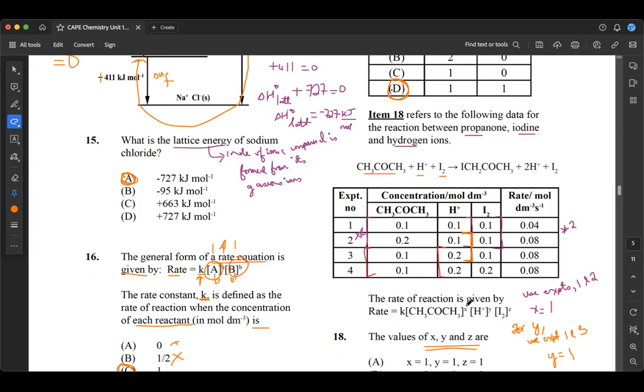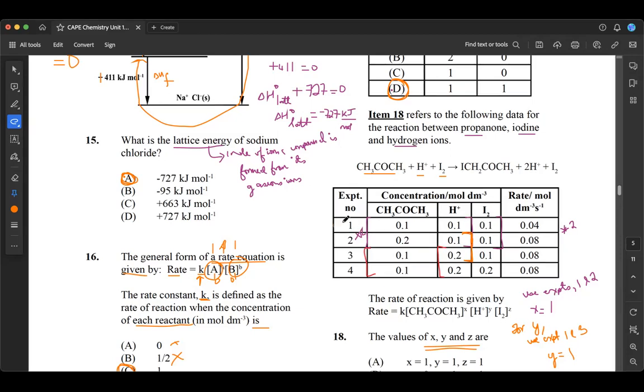So we have to find the order of the reaction with respect to propanone, with respect to H+, and with respect to I2. So again, we can use our experimental values, and let's start with propanone. If I want to find what the order of the reaction is with respect to propanone, I'm going to change propanone and keep everything else constant. So I'm going to keep my H+ constant, and I'm going to keep my I2 concentration constant.